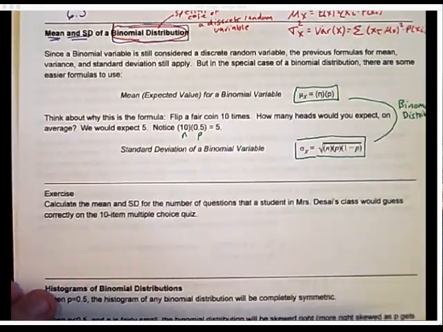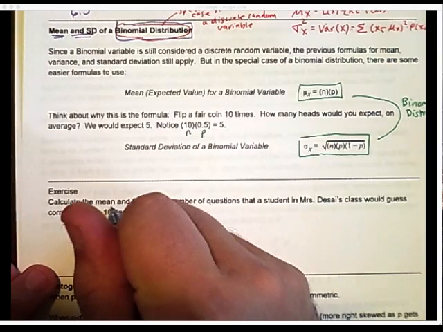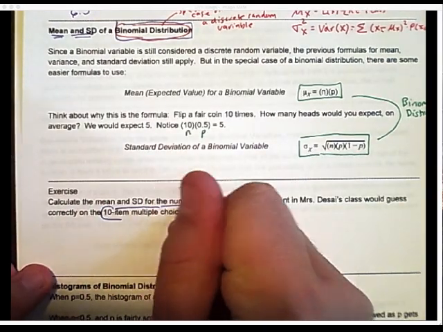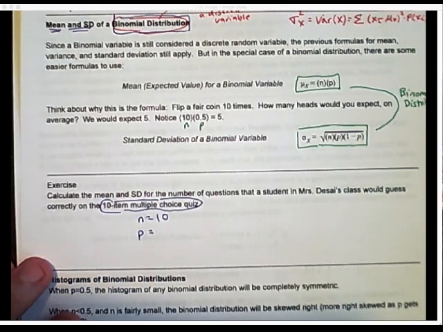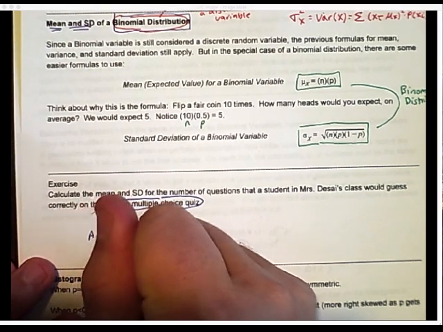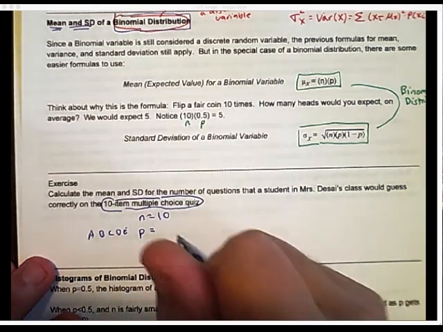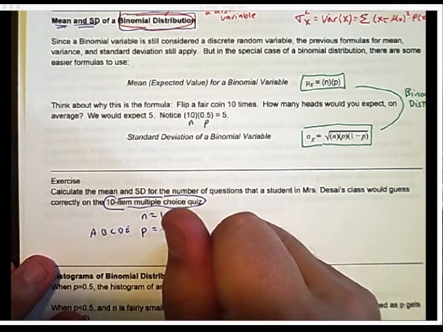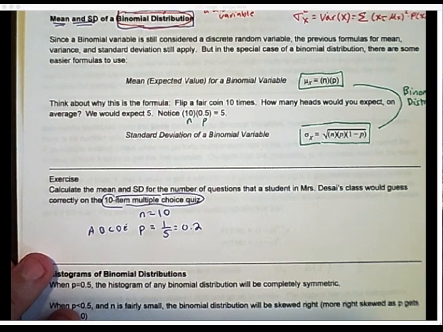She had a 10-item multiple choice quiz. So n equals 10. And the probability, if the student's guessing, remember the choices were A, B, C, D, E on each question. So the chances someone would get that right just by guessing is 1/5. As a decimal, that would be 2/10.